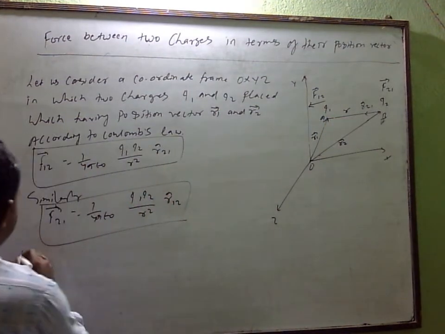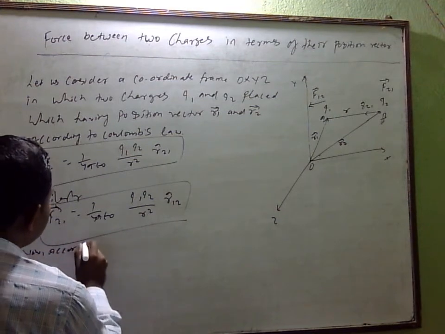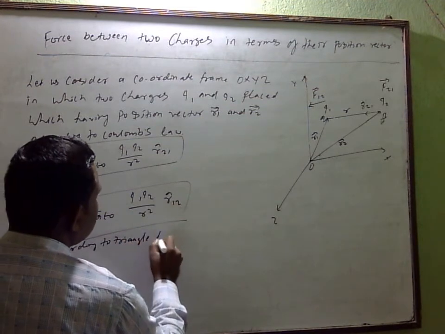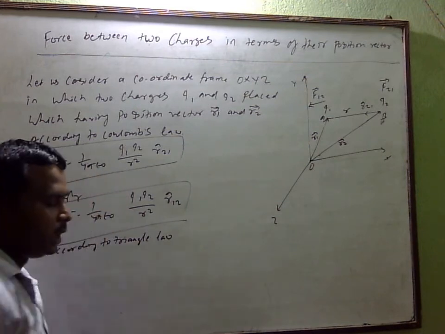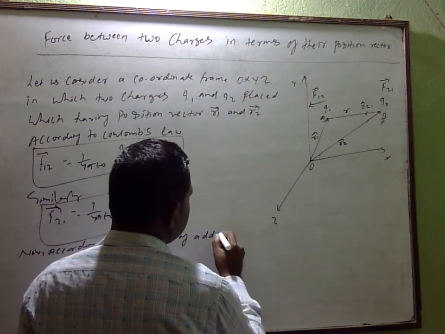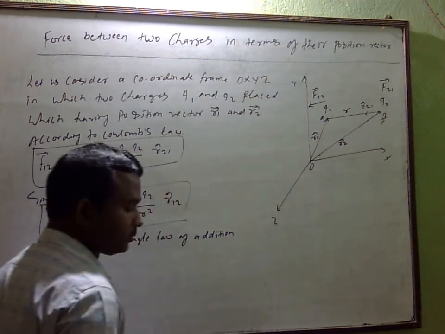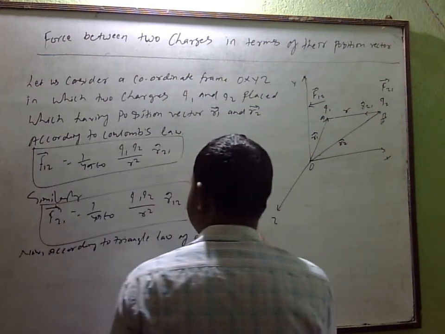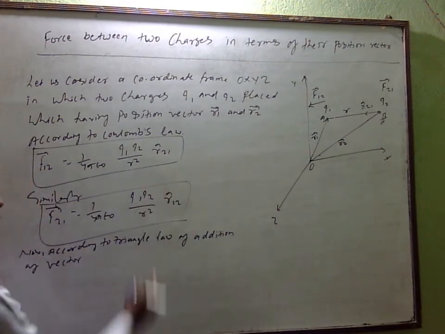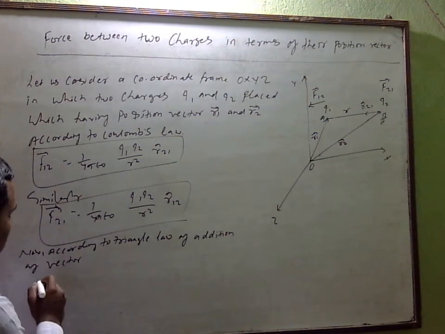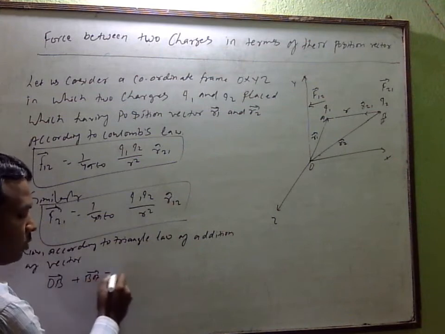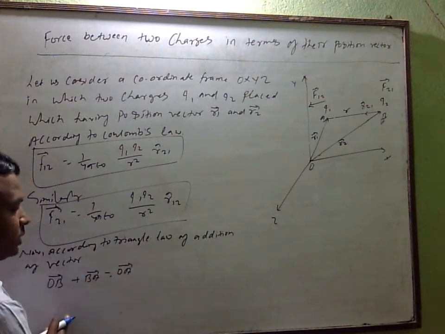So according to the triangle law of addition of vectors, you will write, see the diagram, vector OB plus BA equals OA. This we can write.